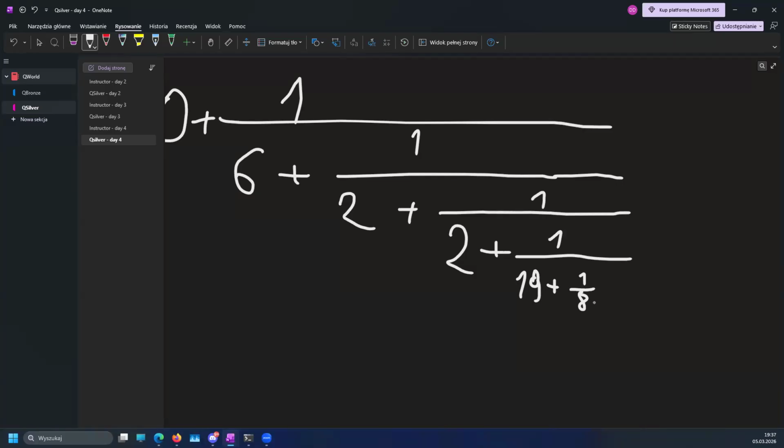So if you try to continue this algorithm, you would get again 1 divided by 8, and if you revert it, you would get something like 8 plus 0 divided by 0, which is nonsense, yes?